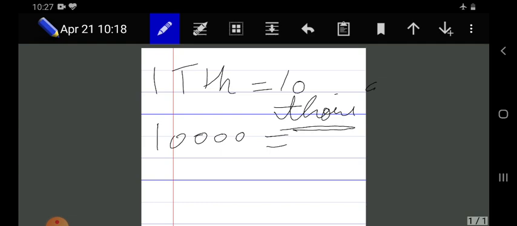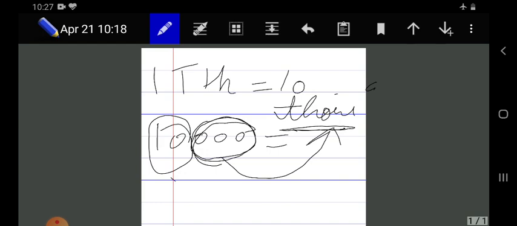In thousands, how many zeros are we having? We are having 3 zeros. If we separate these zeros, it will become 1000, and the rest is 10. It will become 10 thousands. Am I clear?